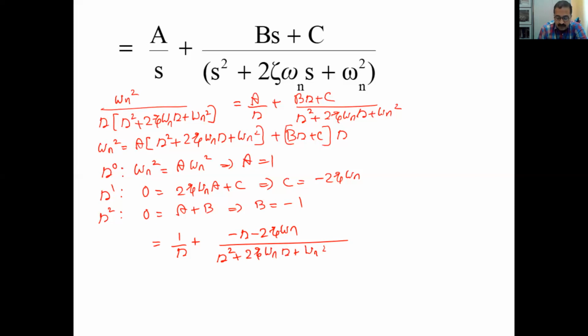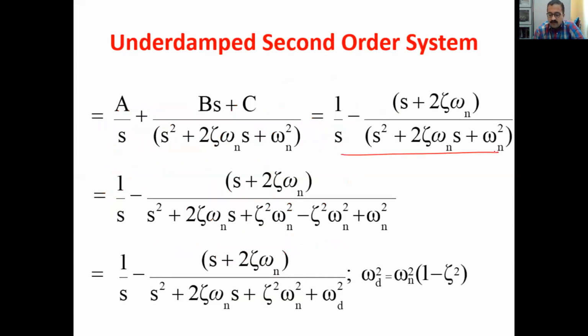Minus sign is common here, I can take it outside: 1 by s minus of s plus 2 zeta omega n whole divided by s square plus 2 zeta omega n s plus omega n square. Okay, that is what you are seeing here.